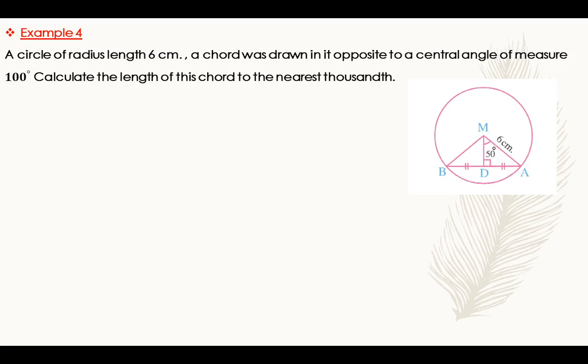First, let's draw the example to understand the figure. A circle of radius length 6 cm, a chord was drawn. This chord is AB, drawn opposite to a central angle.